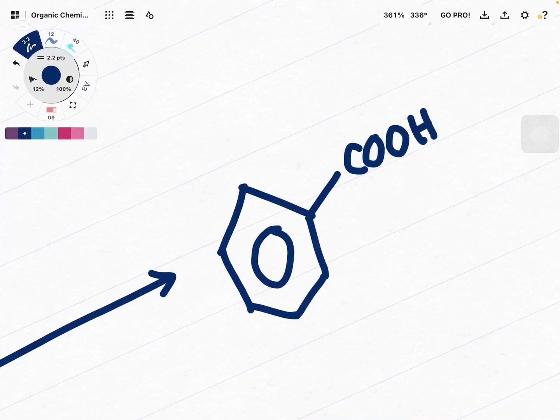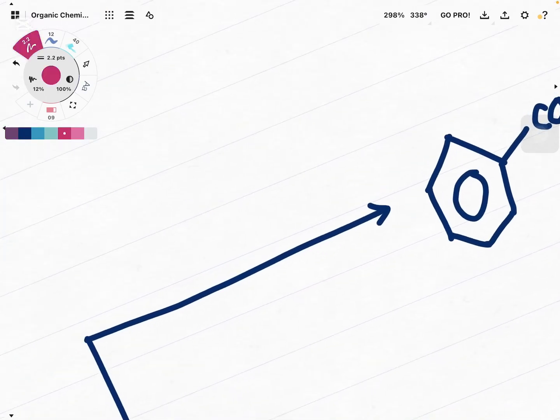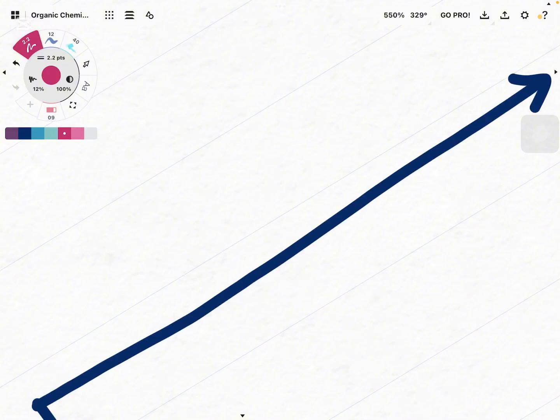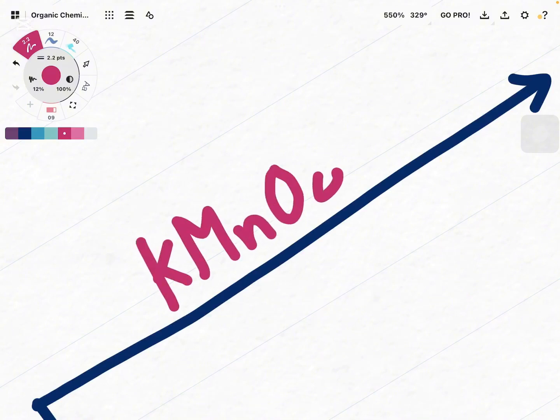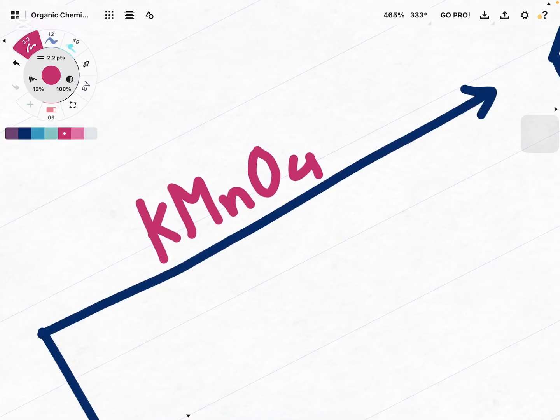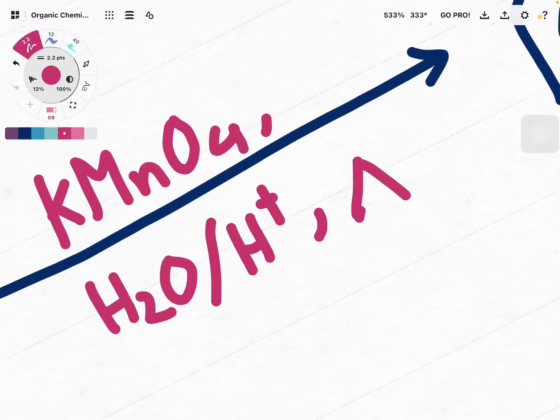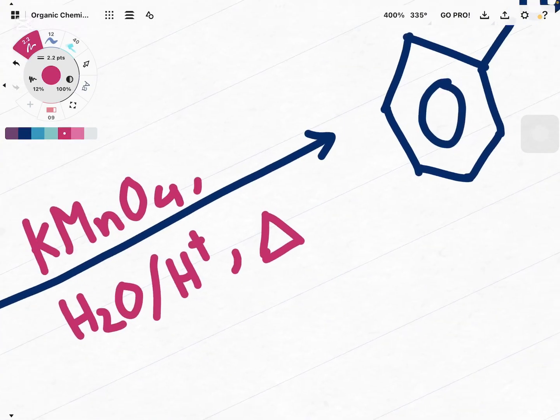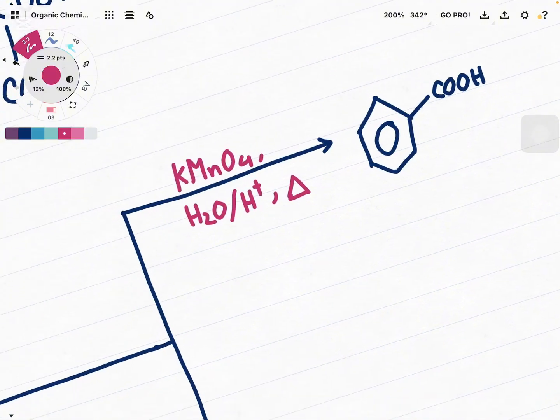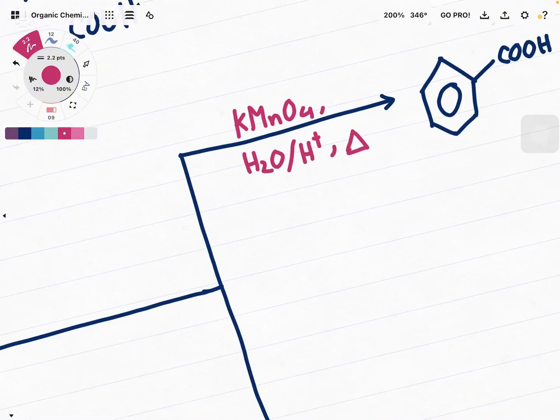Here the catalysts are KMnO4 and H2O with H plus ion, with the help of heat. So it is our first reaction.